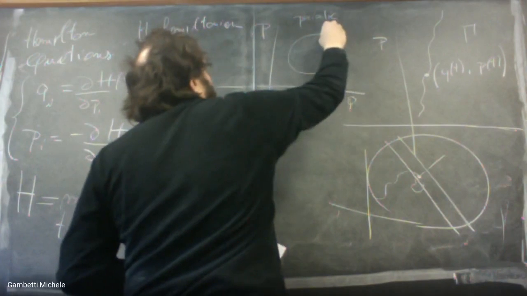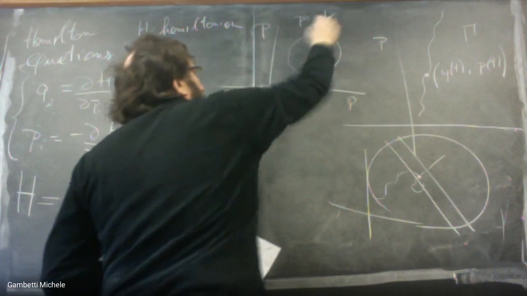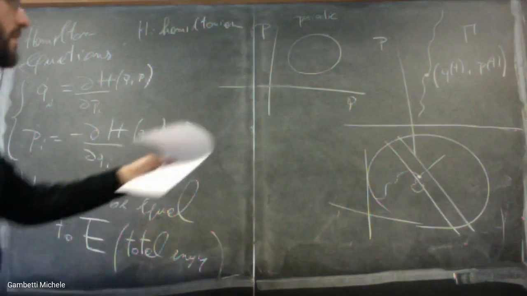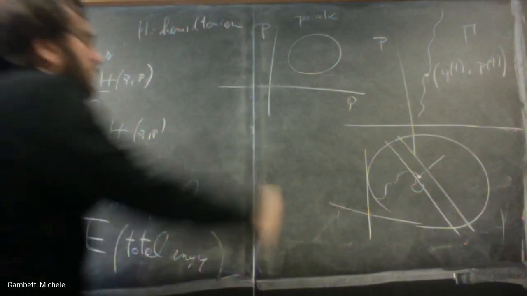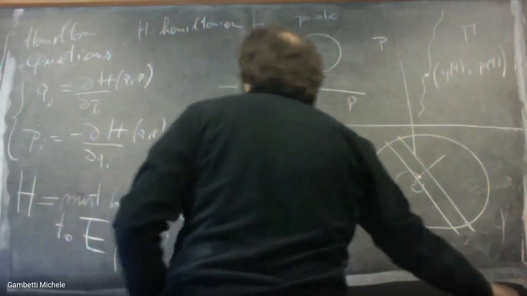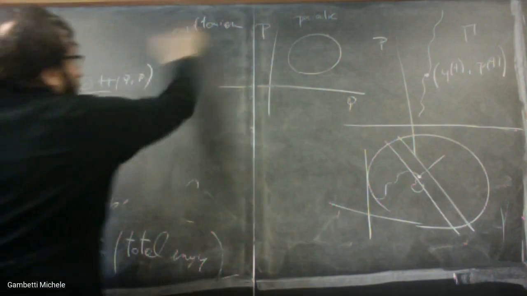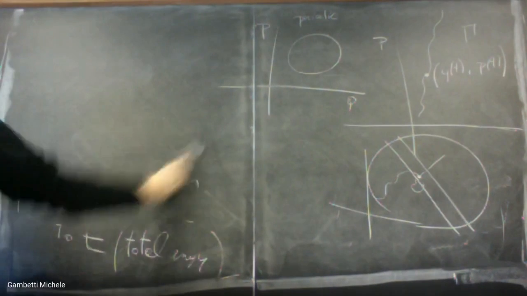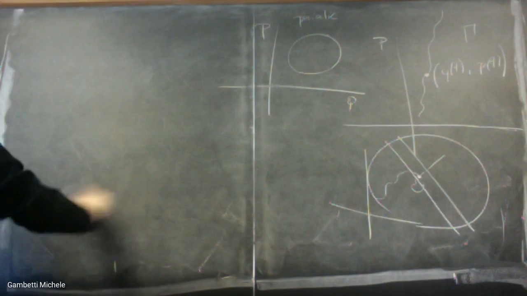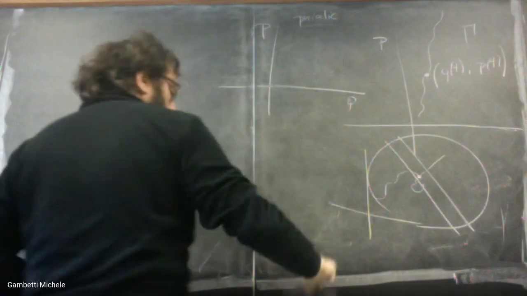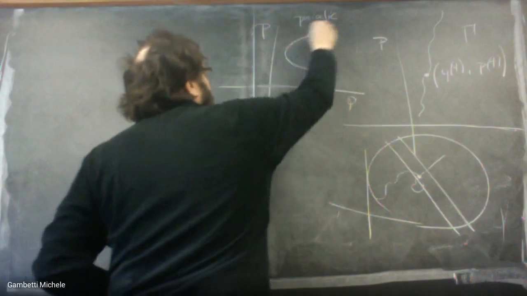I start from a certain time t, and then I just repeat this cyclic evolution, which could be the case, for instance, for the harmonic oscillator. We can draw it as an ellipse, or something like this.